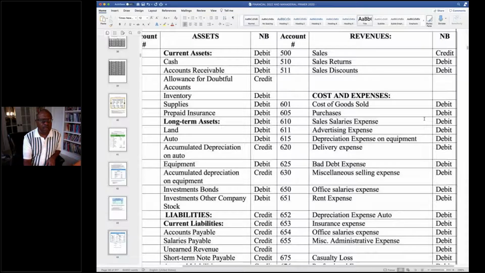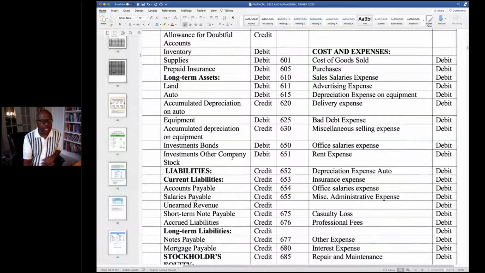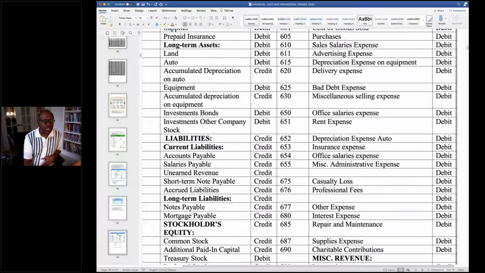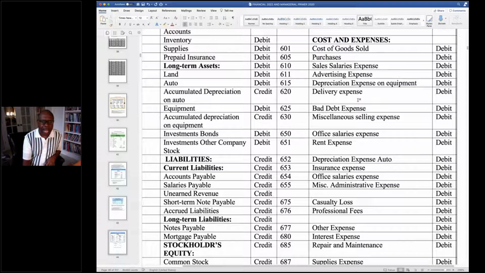The credit could have gone to cash if you paid it right away, or if you didn't pay right away, you would credit accounts payable, salaries payable, or accrued liabilities. So the liability might be called an accrued expense or whatever, but the actual expense part that's going on the income statement is over here somewhere.